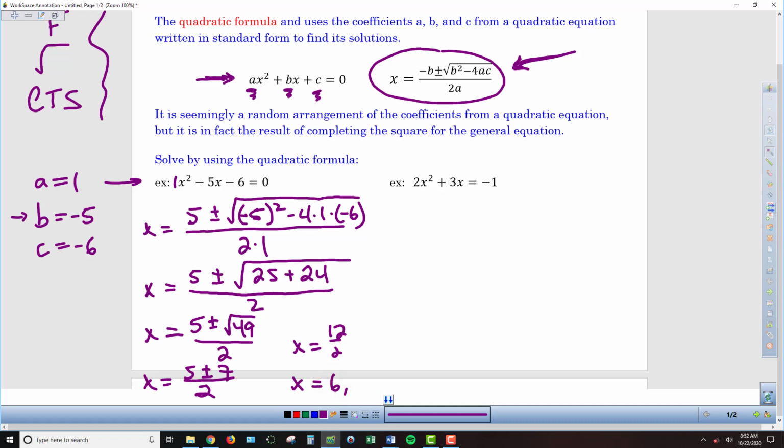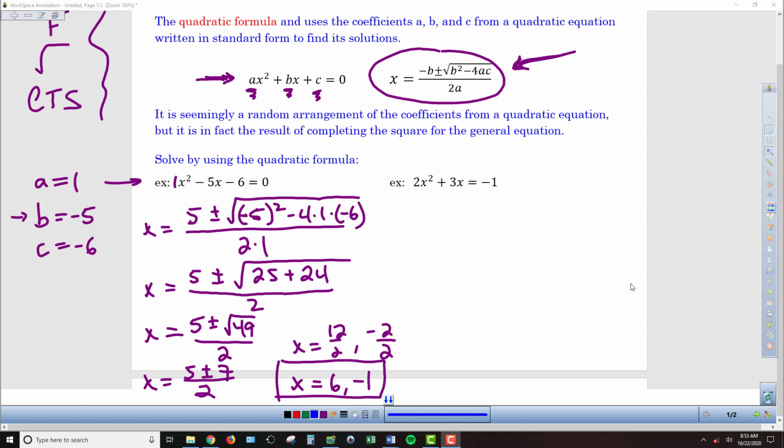And then I've got 5 minus 7, so 5 minus 7 is negative 2, but I still have to divide that by 2, and so I get negative 1 as my second answer. So this is how we can use the quadratic formula to solve, just like we could by factoring if it's possible, as this one would have been, or by using square roots if it's set up that way, or by using completing the square as well.